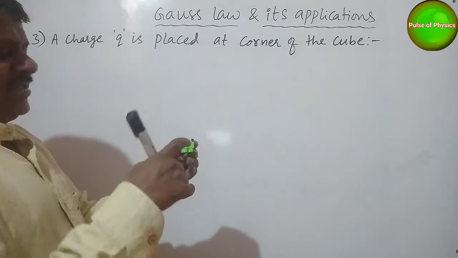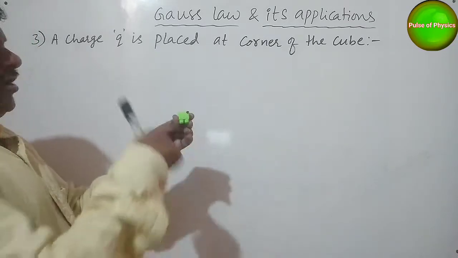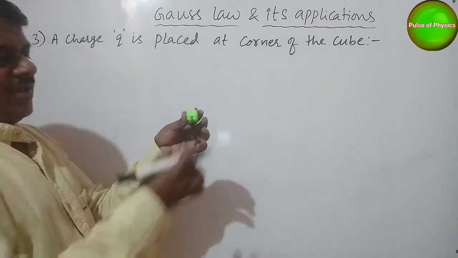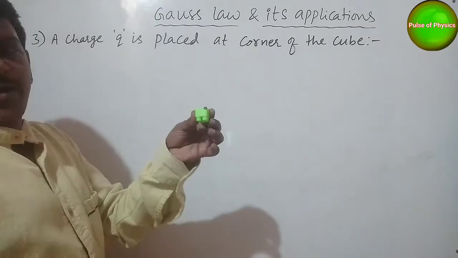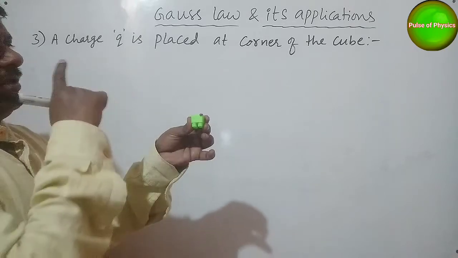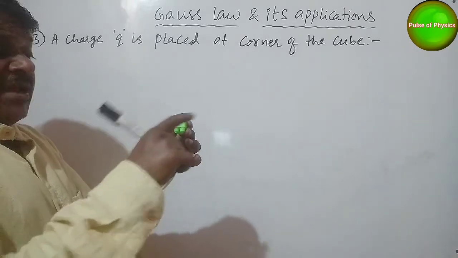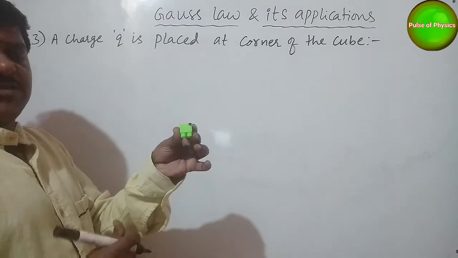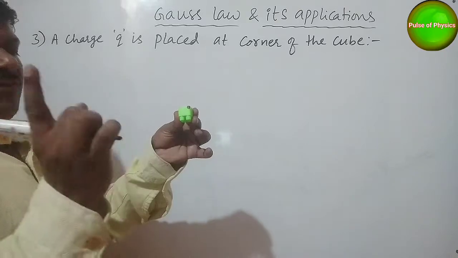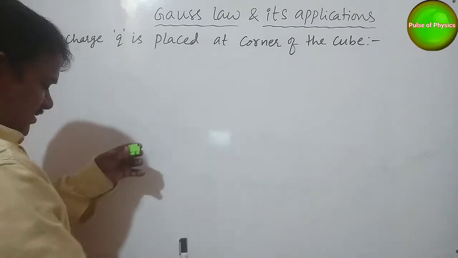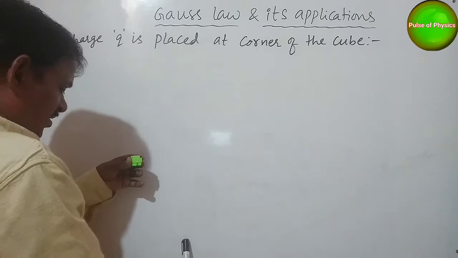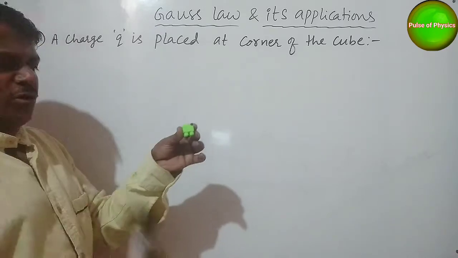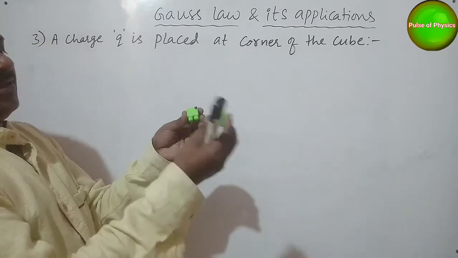Now what happens in this case? How can I calculate flux? It is open. I can't apply Gauss law. To make it a closed surface, I arrange one more cube. What happens? Here I arranged one more cube at this place.